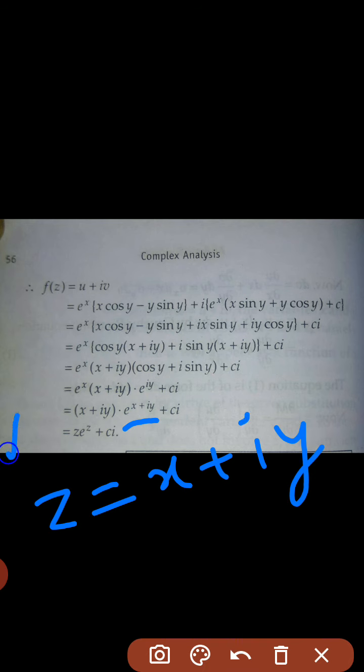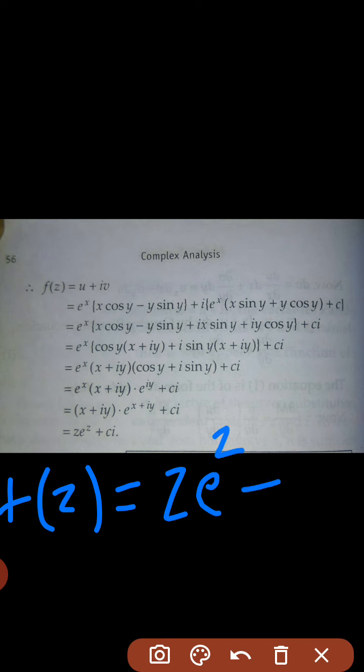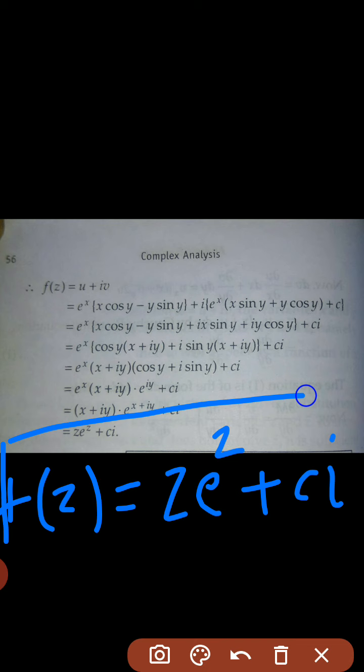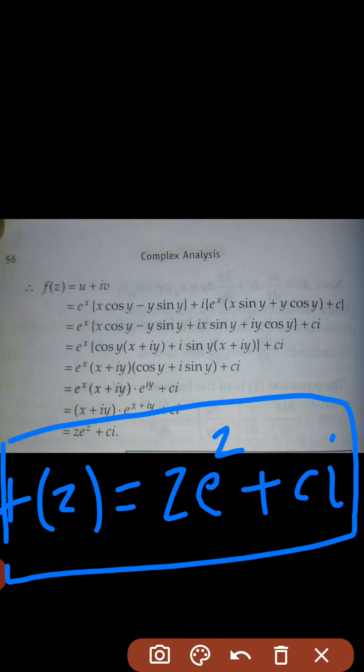So here we have an analytic function of the form z e to the power z plus ci, that is f(z). Here we have f(z) equal to z e to the power z plus ci, and this is the required analytic function for the given value of u.